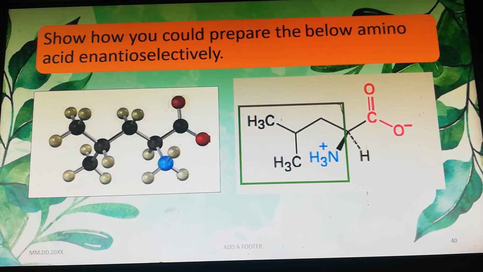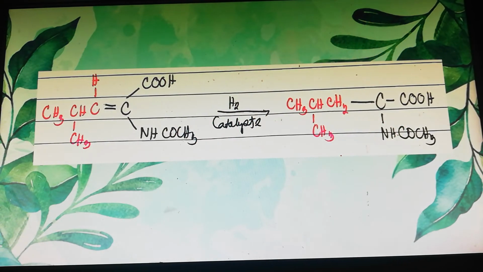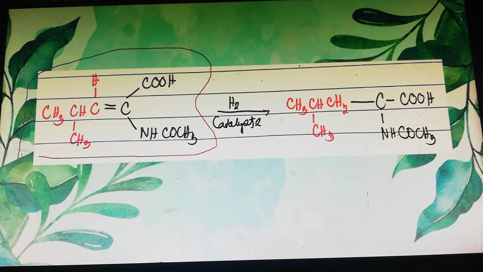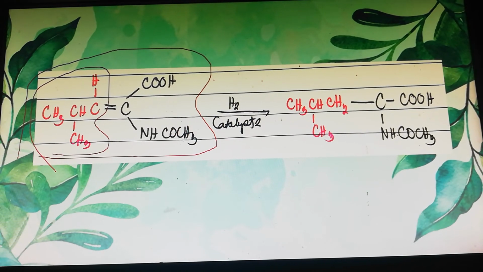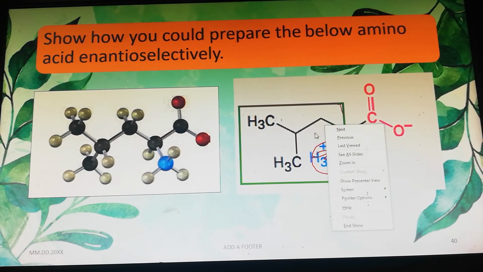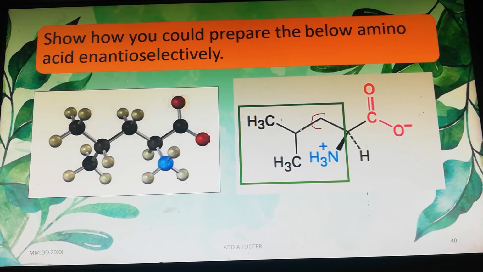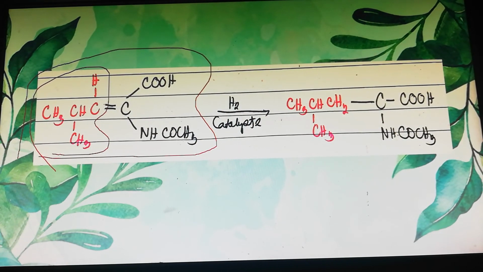The NH is not a side chain because that is an amino group. This is the enamido acid from earlier, and this is the side chain: CH2, CH with a CH3 attached, and another CH3. Notice that one H is missing on this carbon because of the double bond, since carbon has only four bonds.